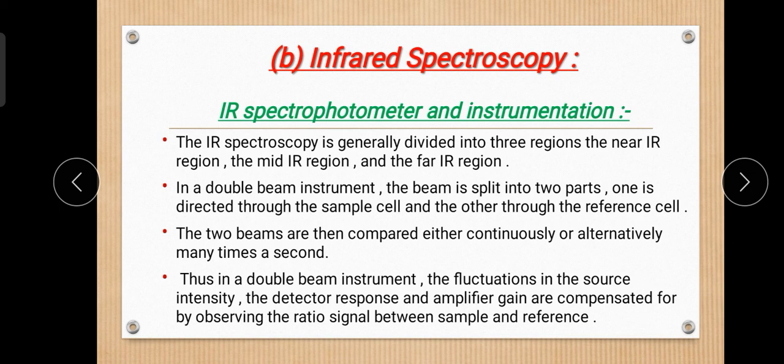That means if we take the ratio of the signal of the sample and the reference, then we are able to compensate the detector response as well as the amplifier gain, and we are able to limit the fluctuation in the source. So in order to do all those things, we use a reference here, and we detect the reference beam and sample beam alternately or continuously. So here is the benefit of using the reference cell.